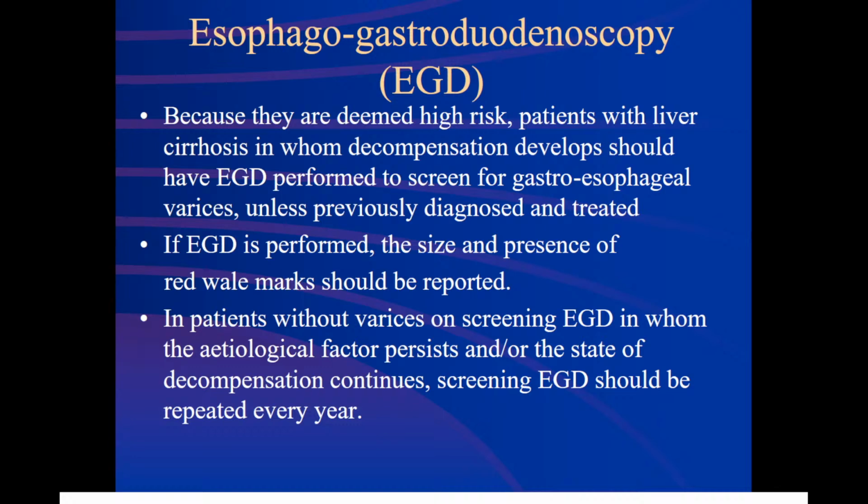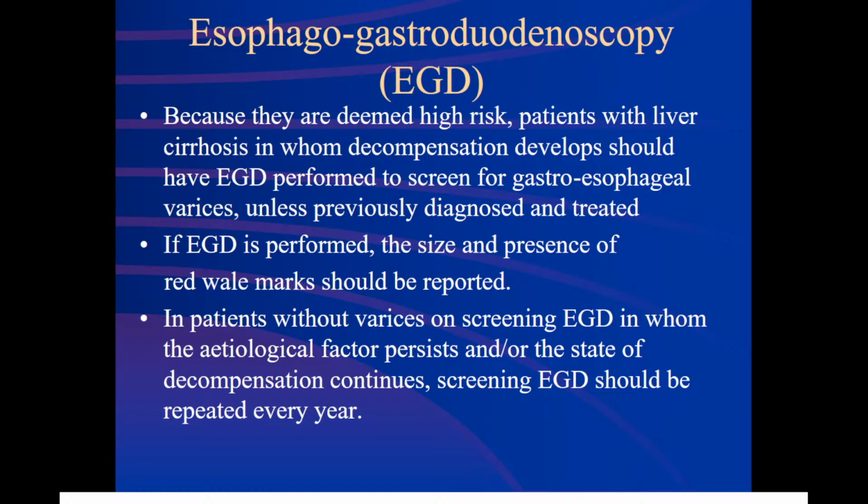High-risk patients with liver cirrhosis in whom decompensation develops should have esophagogastroduodenoscopy, EGD, performed to screen for gastroesophageal varices unless previously diagnosed and treated. So it is used for diagnosis the first time, and it is used for control of the size of these varices and their predisposition to bleeding.